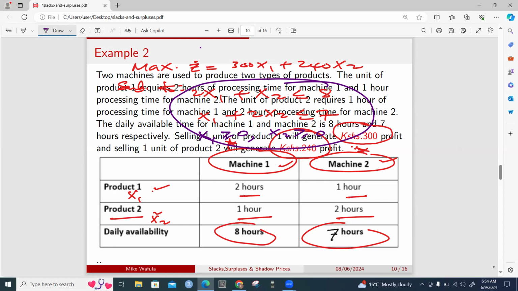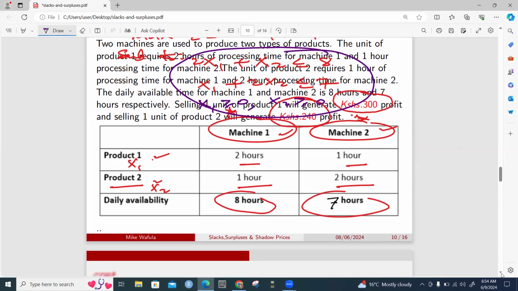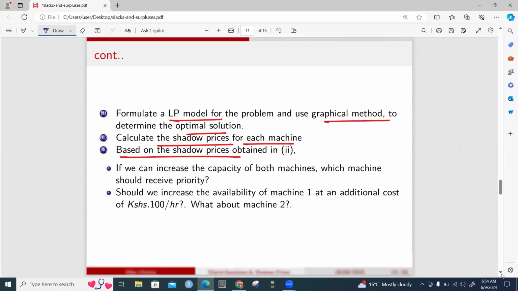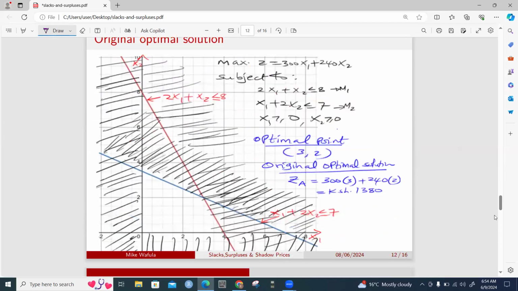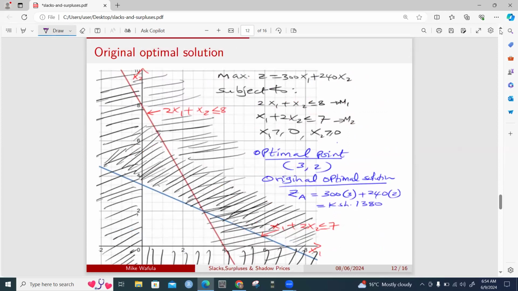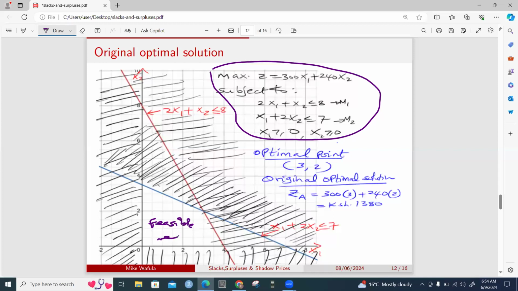And so when you do that, we are able to get the optimal solution for the first question. So this is the model, the linear programming problem. When we graph, we get this as the feasible region.